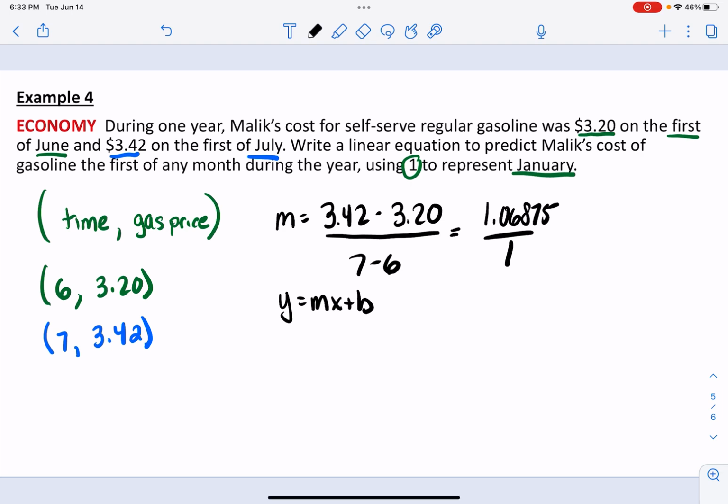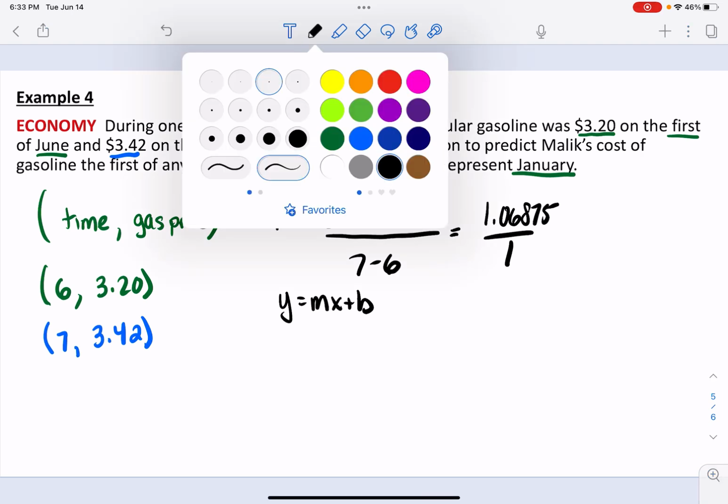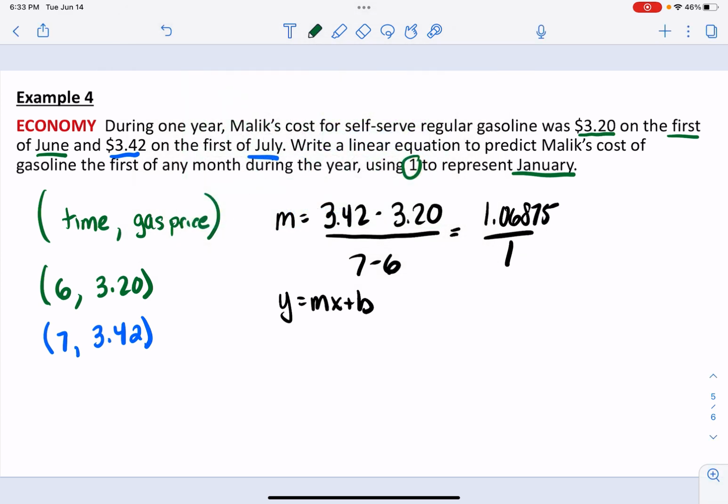What I need to do now is pick a point. I'm going to pick the 6th one just because it's smaller. So $3.20 equals my slope, my x-coordinate is 6, plus b. So now this is a matter of solving this. I do that number times 6 in my calculator.